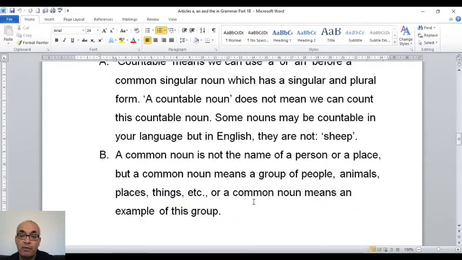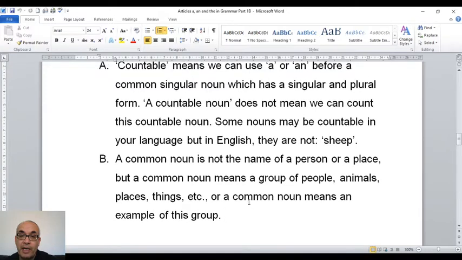And this is the meaning of a common noun. So a countable noun is what? It is that we can use a or an before a common singular noun which has a singular and a plural form.